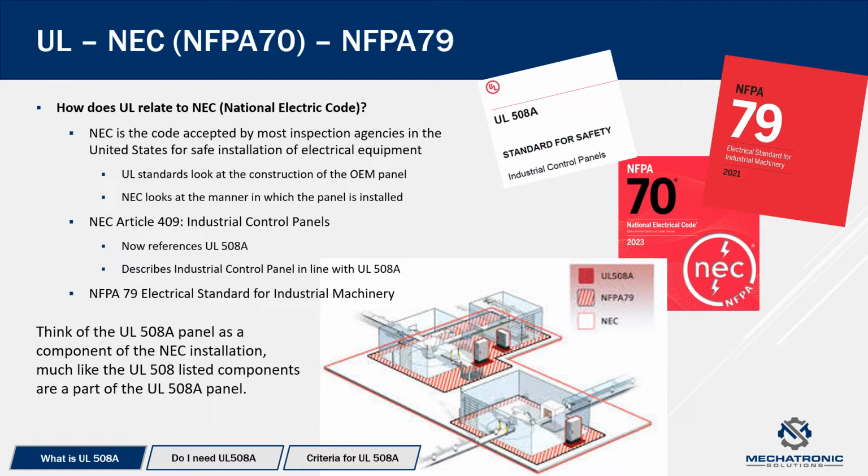They both describe the industrial control panel with the same definition. Article 409 is about 2 pages long, where UL508A is about 200 pages long. Now there's other aspects of the NEC that are covered in 508A, but that's just a good for instance.